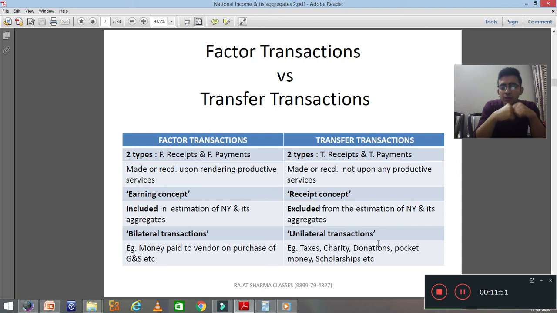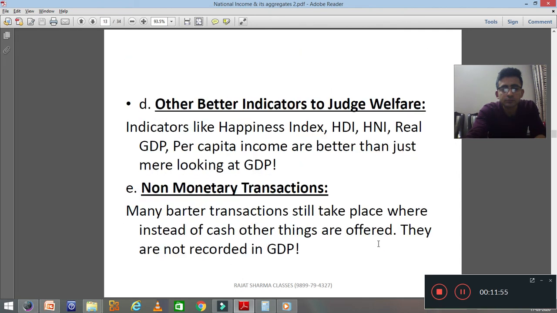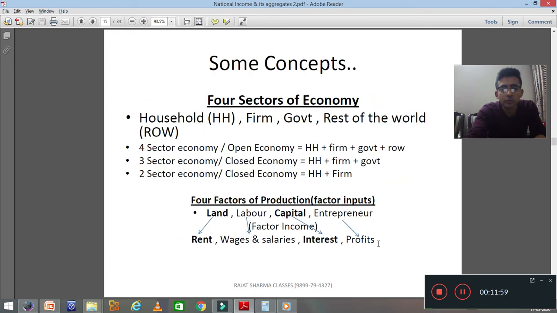Very quickly, I want to cover one small topic. You should know that there are four sectors of the economy. Sector is household, the consumers, the firm, the industries, the government, administrator, and the rest of the world, the abroad. Four sectors of economy are there: household, firm, government, and rest of the world.